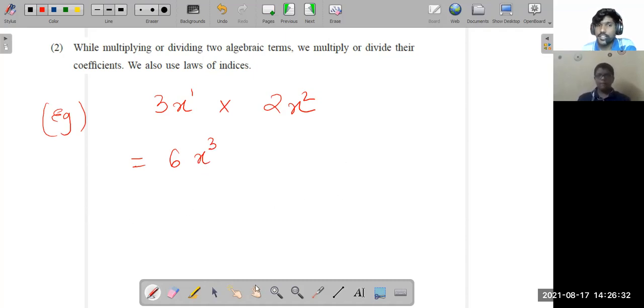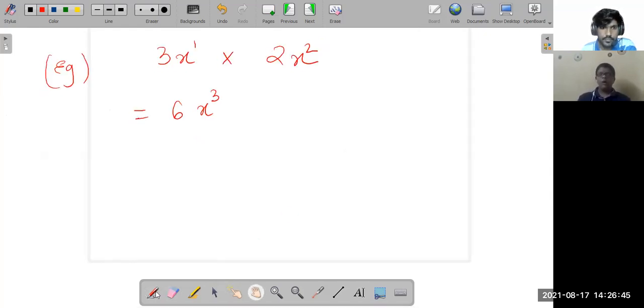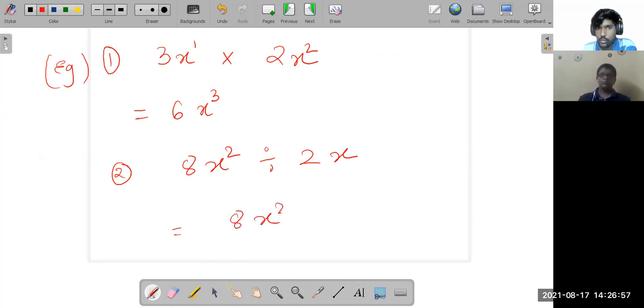Similarly, if you're dividing, I hope you remember, powers will get subtracted. I'll take an easy one. Suppose you're dividing 8x square divided by 2x.